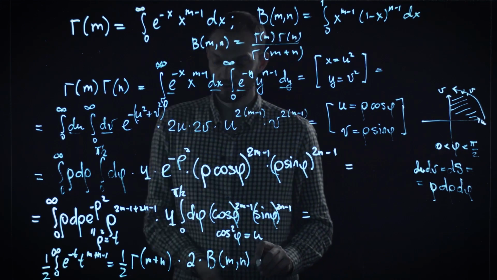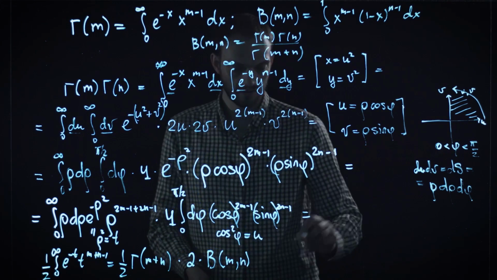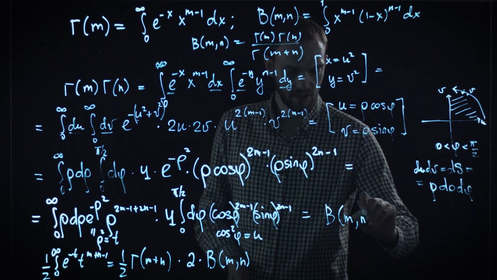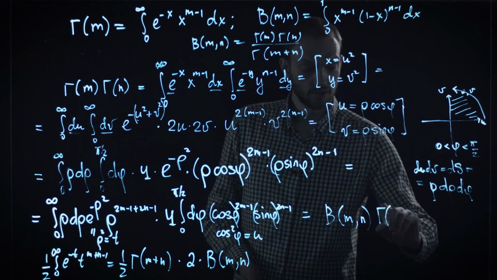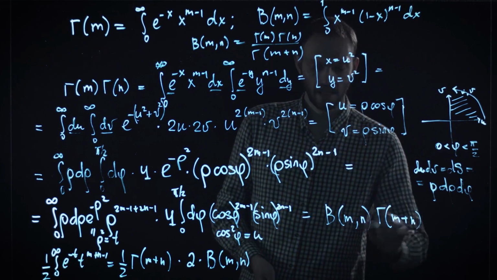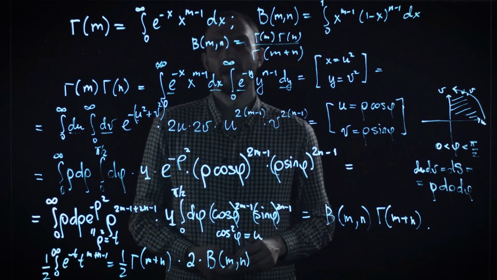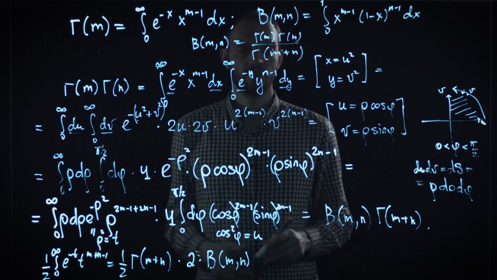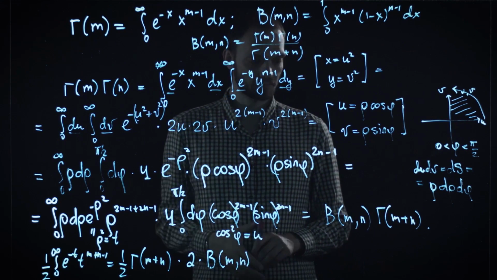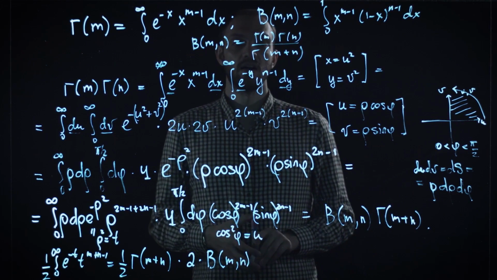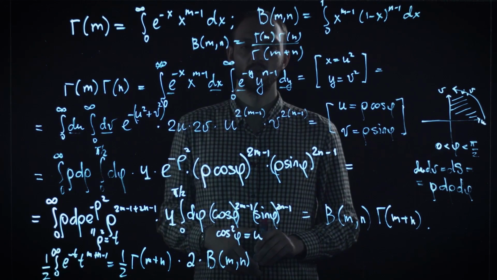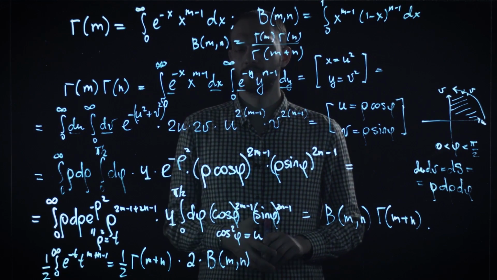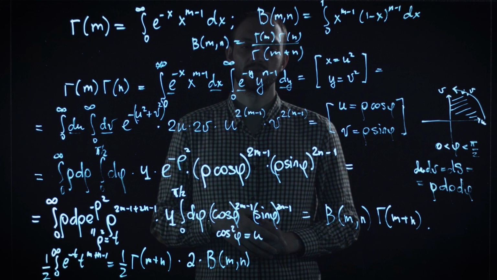Combining all this together, this factor of 2 cancels, and this becomes nothing but B of m and n times the gamma function of m plus n. And this concludes our proof. As you have already seen how this familiar identity can be applied for definite integrals, especially trigonometric ones, you will have a chance to exercise in your homework, and during our course we will make use of this identity many times.